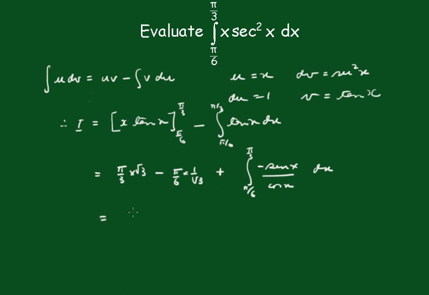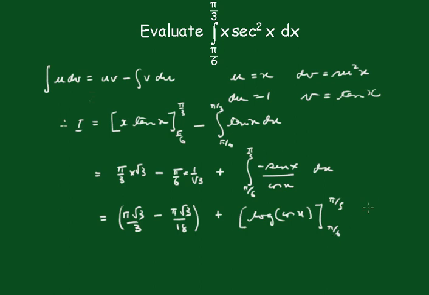I'll just tidy this up a little bit. That's pi root 3 on 3 minus, rationalizing this, pi root 3 over 18, plus the log of cos x between pi upon 3 and pi upon 6.